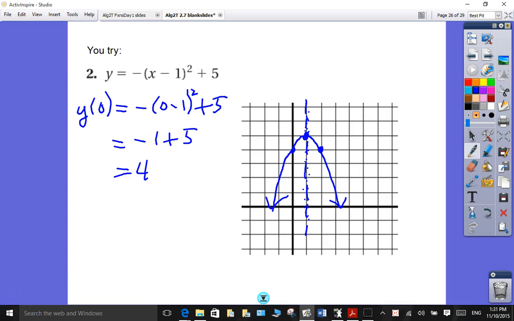So it's really with respect to that line, not the x-axis. And the y-intercept, y of 0, like f of 0, is 4. So that's right there, and then use symmetry to find another point. That's it.